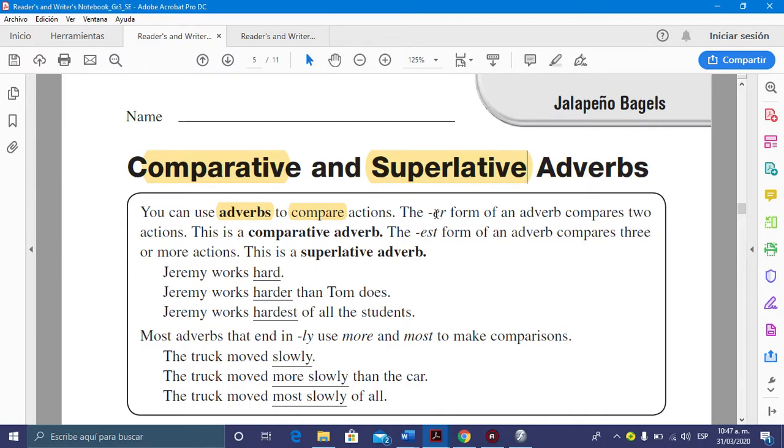The ER form of an adverb compares two things, two actions, sorry. So remember that when we use comparative, we have to compare two things, two actions. Okay? This is a comparative adverb.